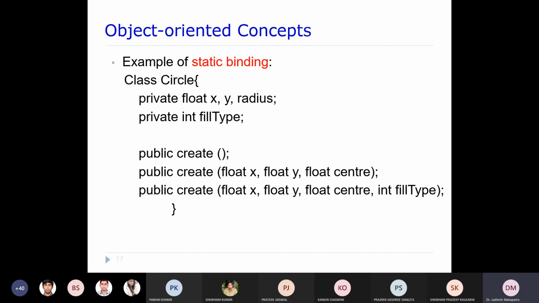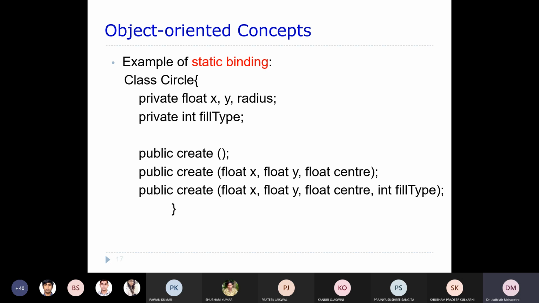There is a method called create. This particular create method doesn't take any arguments. The second create method is going to take three different arguments. The third create method is going to take four attributes. This is the way you can distinguish one operation or method from the other.